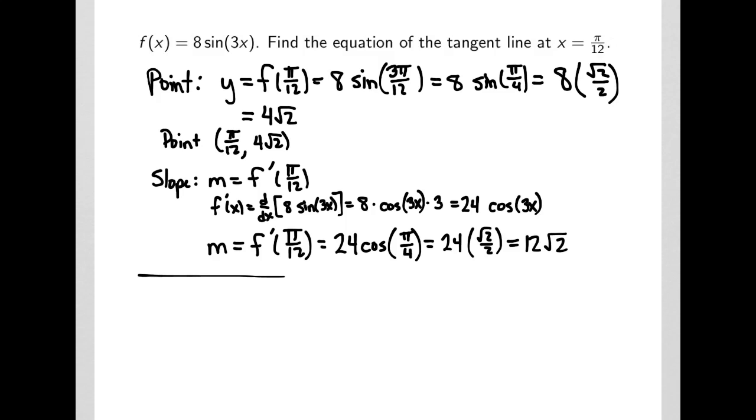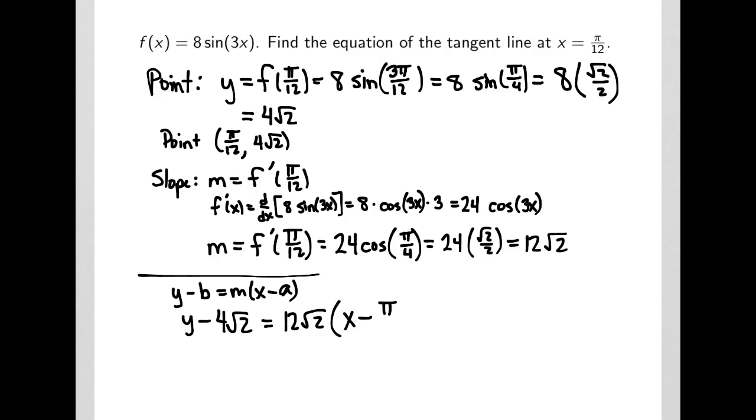Once I have a value for the point and a value for the slope, the equation for the line is y minus the y value equals the slope times x minus the x value. Our y value was 4 square root of 2, our slope was 12 square root of 2, and our x value was pi over 12.